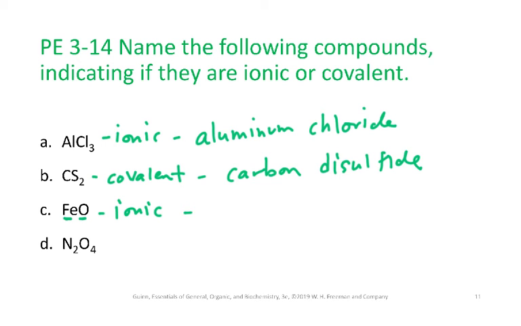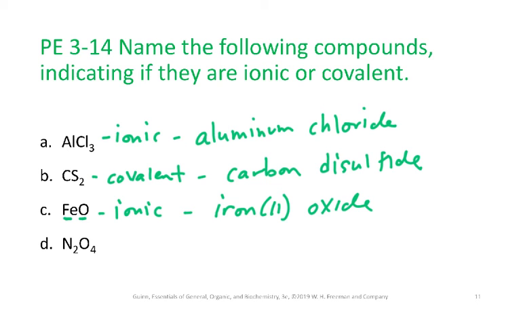And this one's a little bit tricky if you remember. It's iron(II) oxide. So when there are multiple ways that a compound can form between two atoms, such as this one, we use the Roman numerals to indicate the charge. We don't use the prefixes, right?